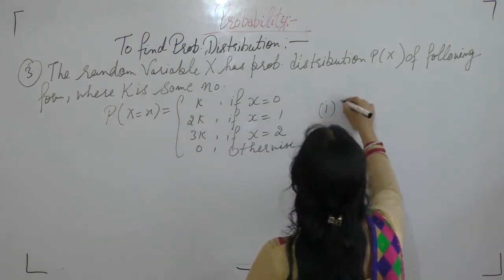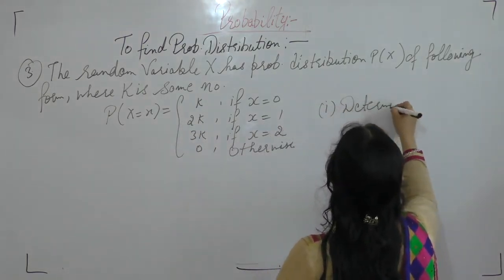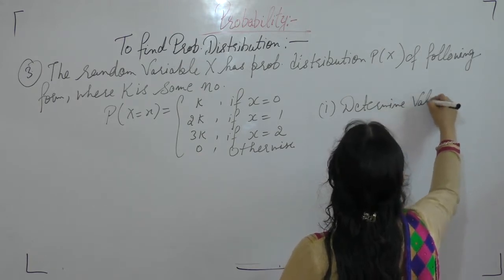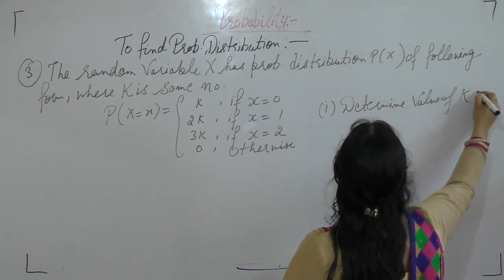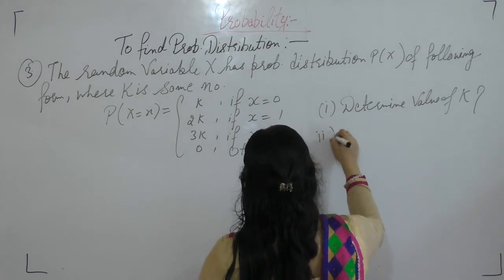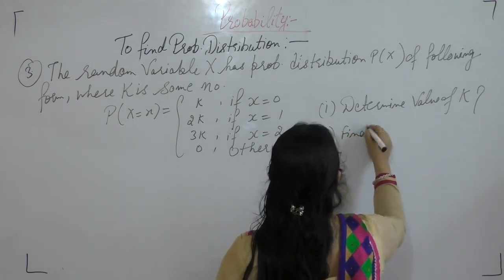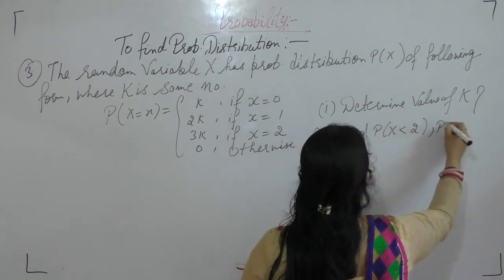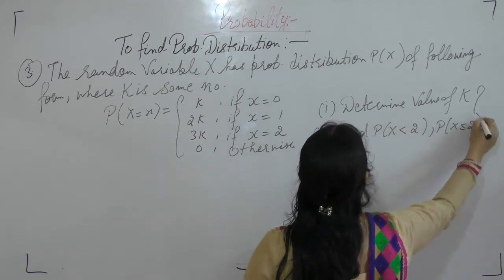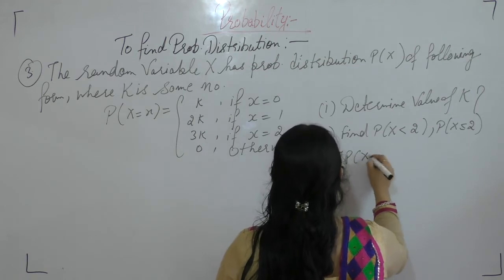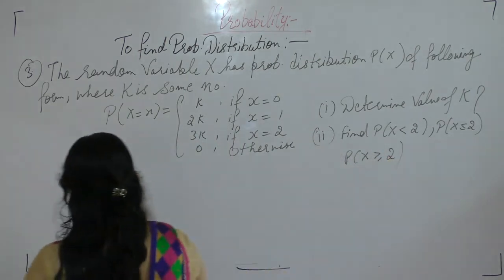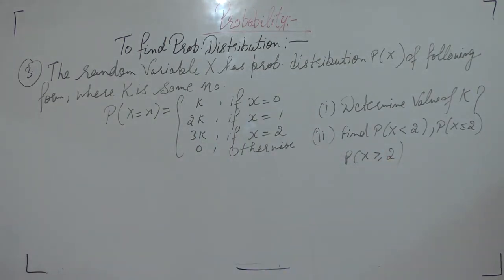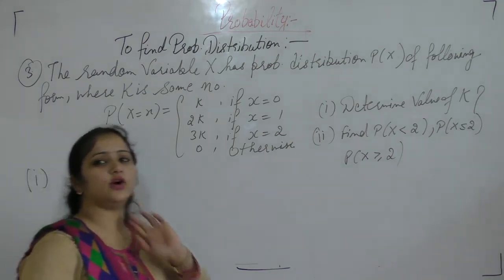First part is to determine the value of k. Then find the probability of x less than 2, x less than or equal to 2, and x greater than or equal to 2. First part is to determine the value of k.